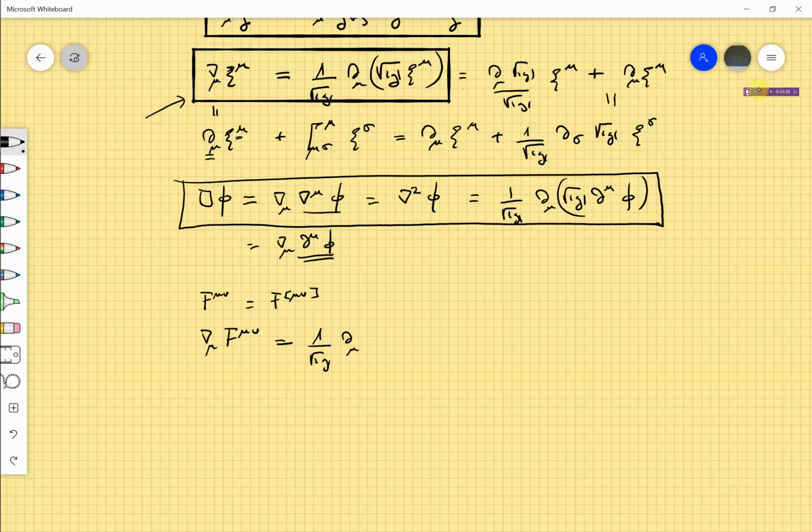Again, we don't need to compute all the components of the connection.